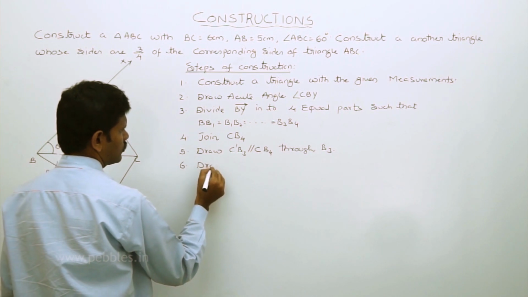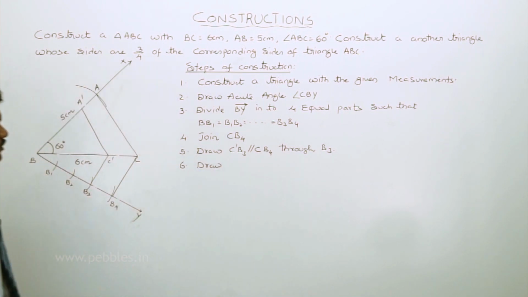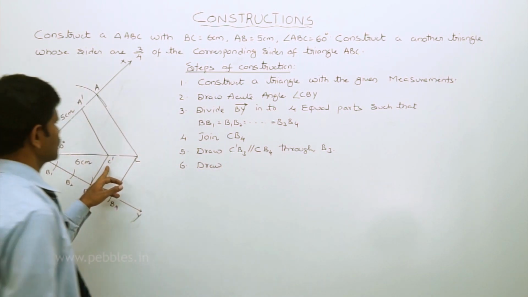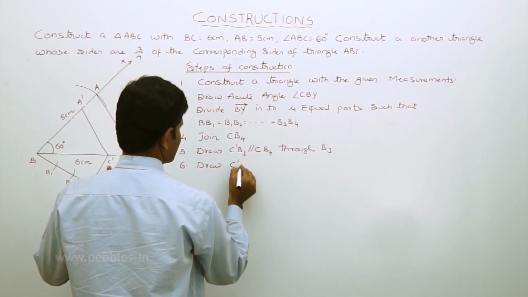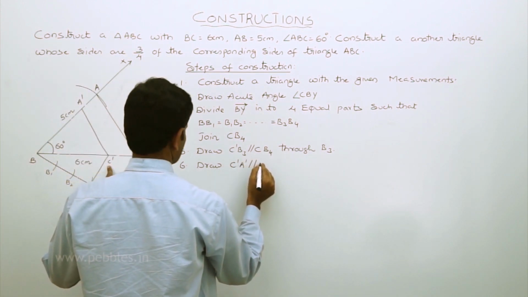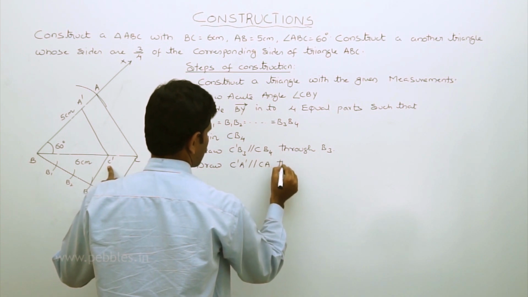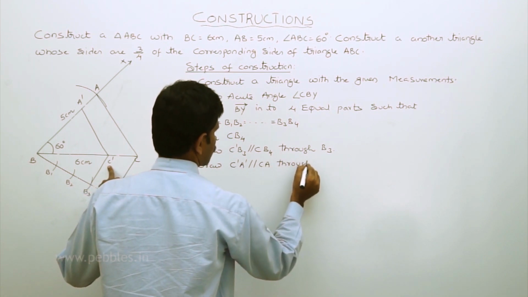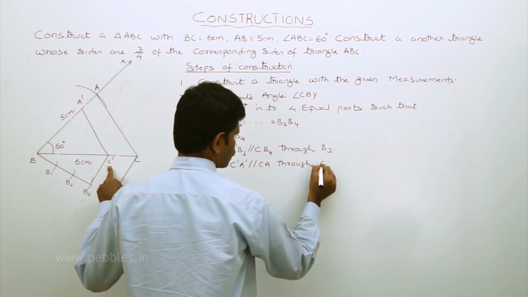Draw C dash A dash parallel to CA through C dash.